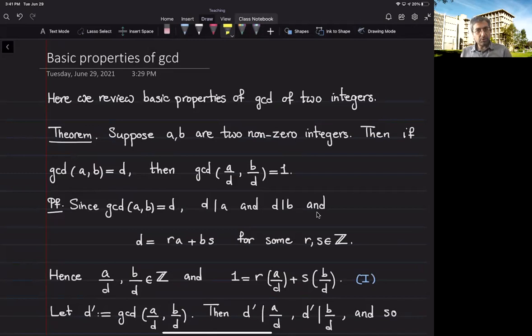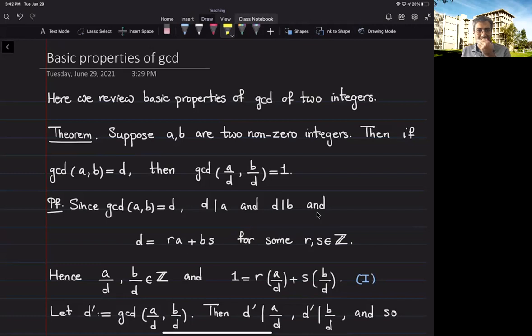So suppose A and B are two non-zero integers, and D is the greatest common divisor of A and B. This means this is the largest common divisor. Among all the divisors that A and B have, this should be the largest one. So it's quite intuitive to imagine that if I divide A by D and divide B by D, they should not have any other common divisors.